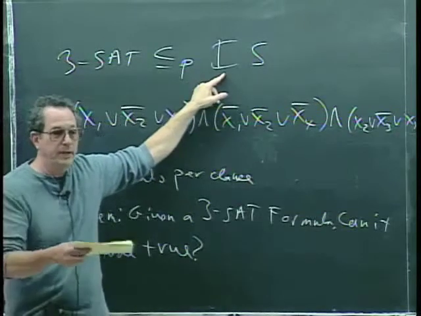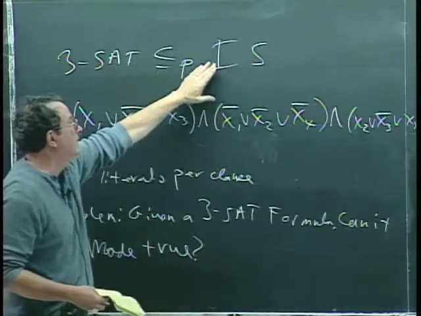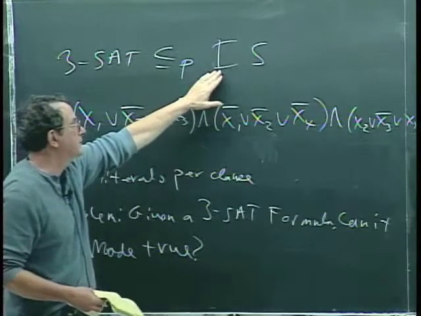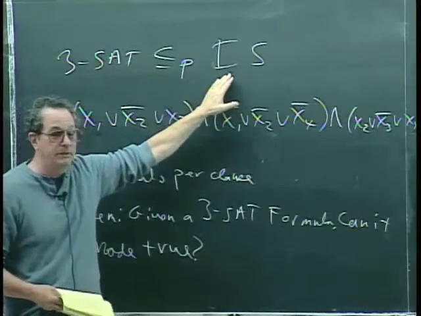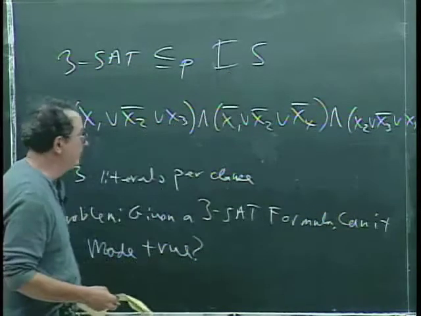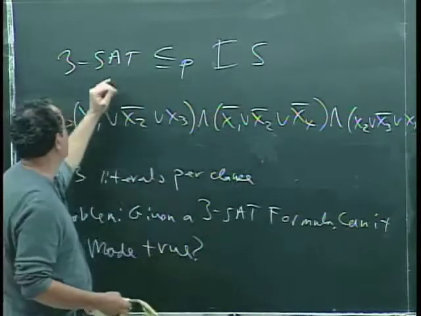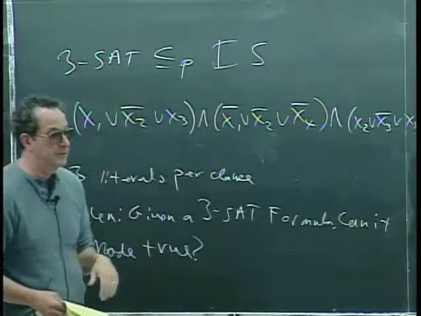Actually, it can do this interactively with the black box. And then it's going to feed the instances to the black box that solves independent set, and then based on the answers that come out of the black box, spend some polynomial time to figure out what the right answer is for that instance of 3-SAT.